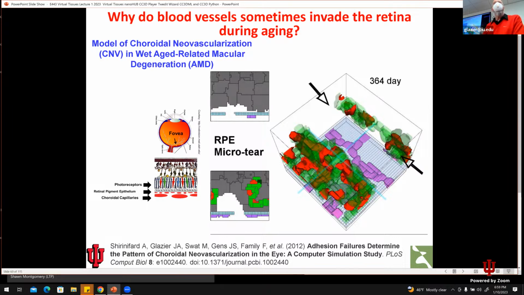And of course, it's hard to glue things to soap. And so the cells that line the retina gradually lose their adherence to their support, which is why you're more likely to get a detached retina when you fall as an older person than as a younger person. And that can lead to the invasion of the blood vessels that you see here. And so that actually gave a different approach to trying to treat the disease, because many drugs have been successfully developed without understanding how they work.